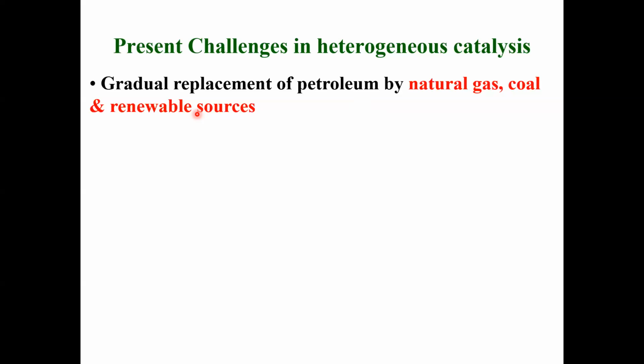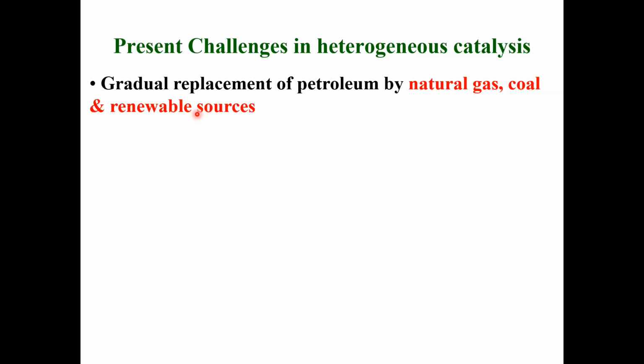So what is an ideal renewable feedstock? There is a lot of emphasis on what are called biorefineries. What do you mean by that? We grow plants, which is much greener, and the plants essentially have hydrocarbons. So instead of using petroleum as a feedstock, you are using bio plants as a feedstock.